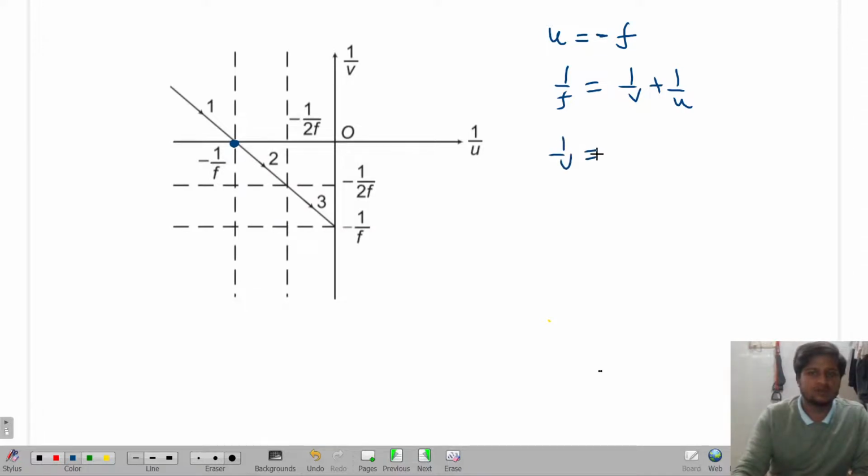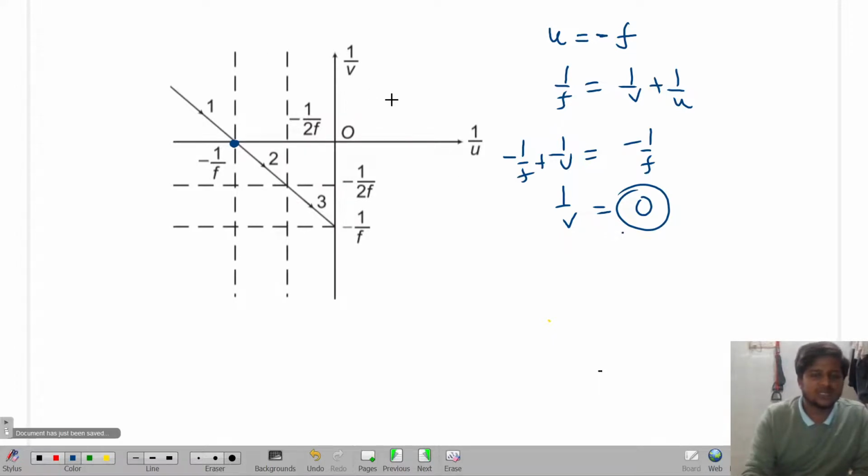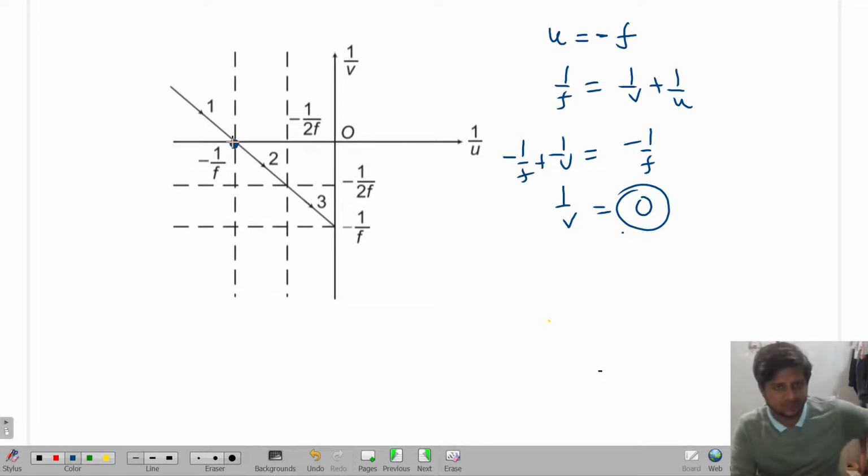So 1 by v will be minus 1 by f, and since it will be minus 1 by f already, 1 by v becomes 0. So when you draw, let's suppose I didn't take the sign convention, what kind of graph will I get? If I place the object at focus, the image distance will become 0. If the image is at focus, you will get u equal to 0.